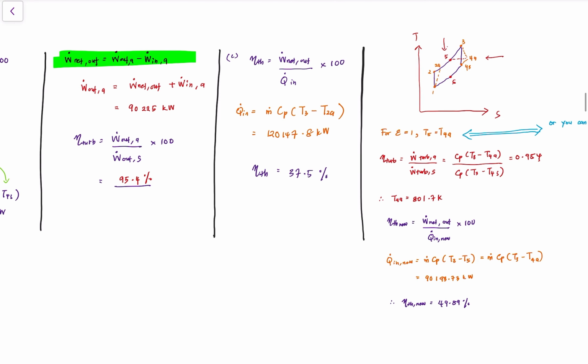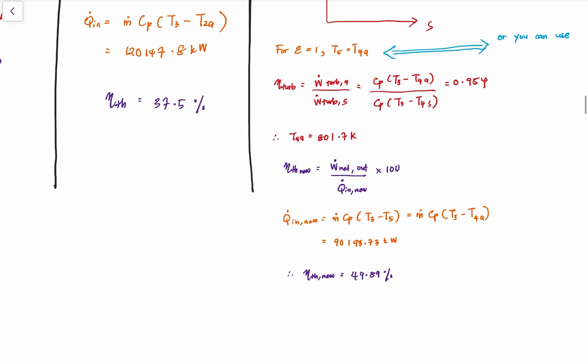Okay, so if we look into these two thermal efficiency, the simple Brayton cycle, and also the Brayton cycle with regenerator, we can say that the Brayton cycle with regenerator having higher thermal efficiency as compared to the simple Brayton cycle.